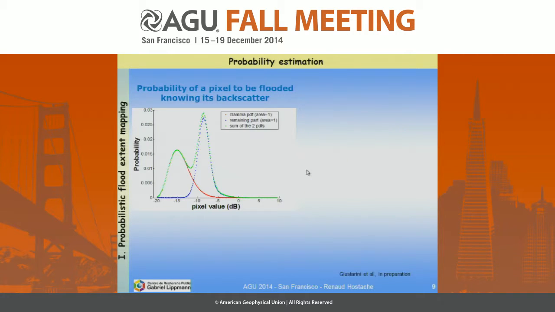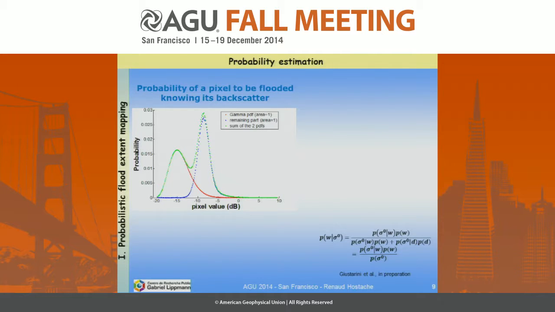From this, the method we developed has two steps. First, we estimate the probability distribution function of open water based on a gamma curve. Then we infer from this the distribution of the rest of the image by differentiating the histogram and the gamma distribution.